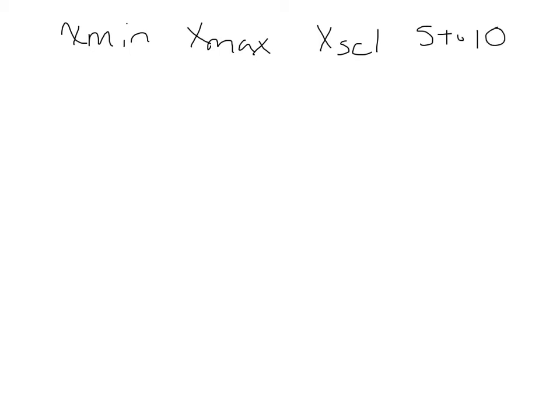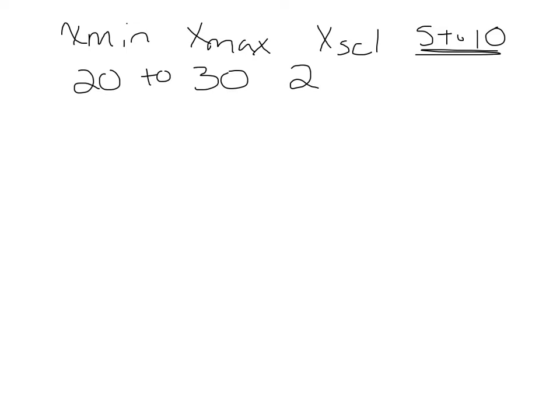So say I'm going from 20 to 30. I'm not going to make an X scale of 10 because that would be 20, 30. That's it. That's 2 numbers. We want to make it between about 5 and 10 numbers. So I'd probably count by, even 5s isn't quite enough, so I'd probably count by 2s.